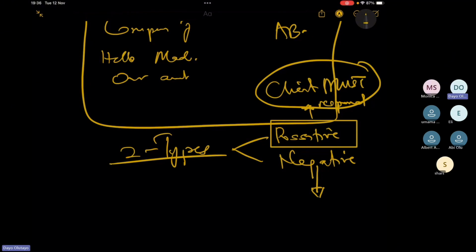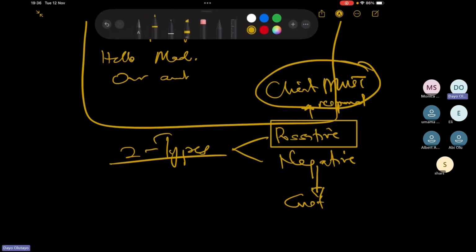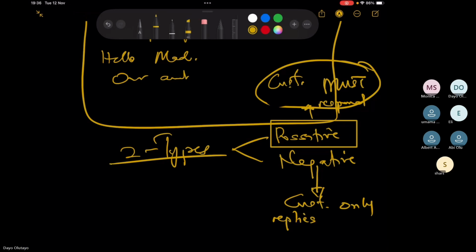The difference is that in negative confirmation, customers will only reply when they disagree. So here, unlike when customer, not client, it's customer that I'm referring to here, please. It's customers that must reply to confirmation. I mean customers, right? But in negative, customers only reply when there is disagreement.